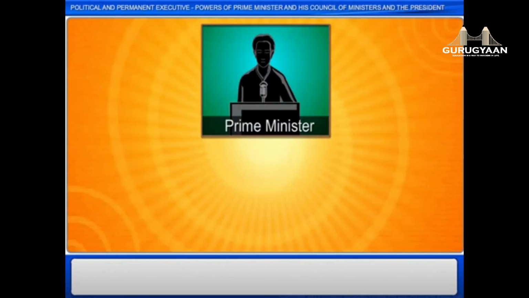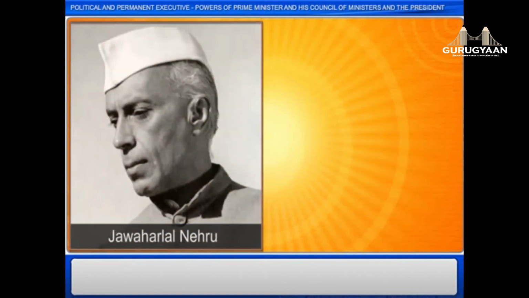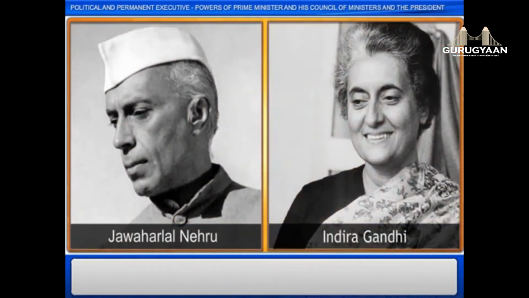Due to the major role of political parties in politics, and as the Prime Minister can control the cabinet and parliament through the party, the powers are concentrated on the Prime Minister. Earlier, Prime Ministers like Jawaharlal Nehru and Indira Gandhi exercised a lot of authority and power as they had a lot of influence over the public.